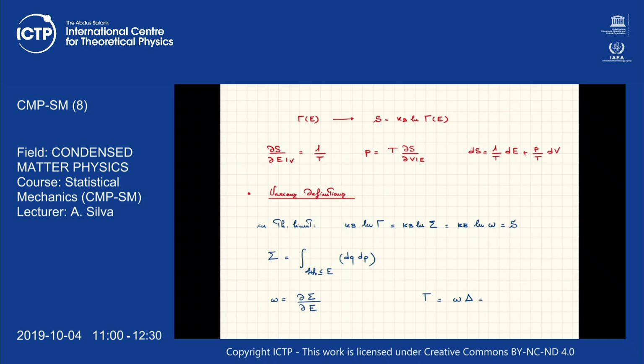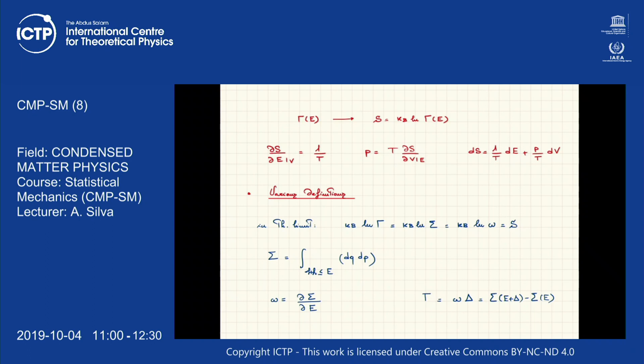Gamma is equal to sigma of E plus delta minus sigma of E, the volume of the wafer. So you take the volume up to E plus delta and subtract the volume up to E. Then you do a Taylor expansion and you get the formula that I just wrote down.